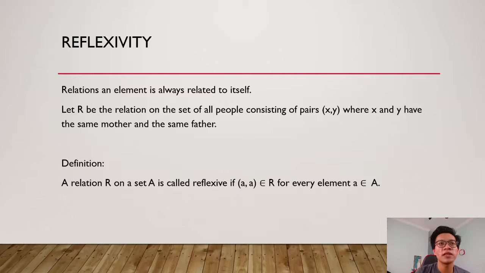For reflexivity, an element is always related to itself. So let R be the relation on the set of people consisting of pairs (x, y), where x and y have the same mother and the same father. For the definition, a relation R on a set A is called reflexive if (a, a) belongs to R for every element a belonging to A.